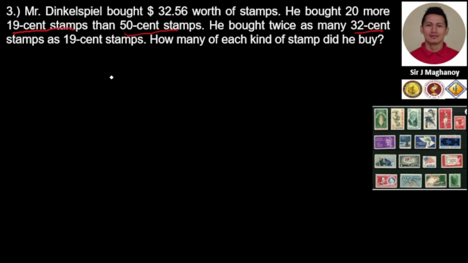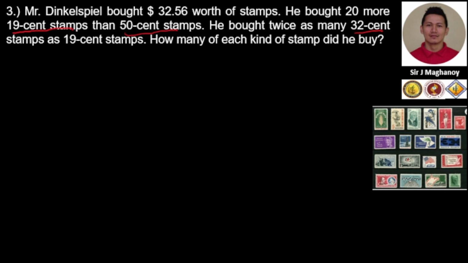In terms of evaluation, it's related to coin problems because it's a money problem. We can formulate three variables. We start with 20 more 19-cent than 50-cent stamps.